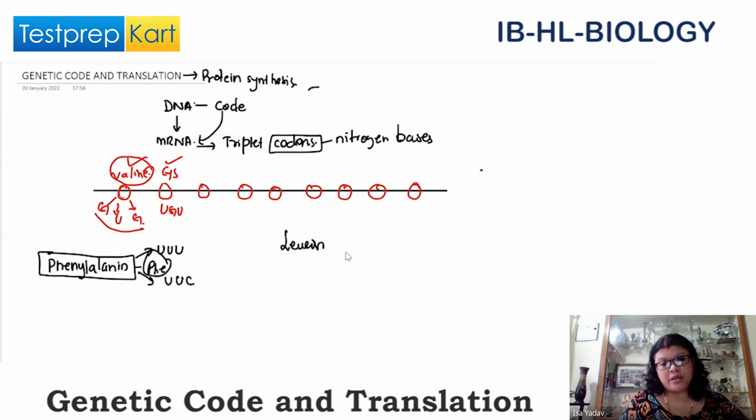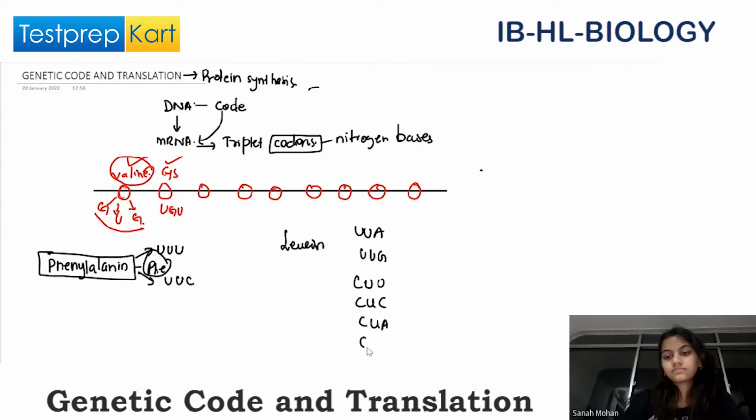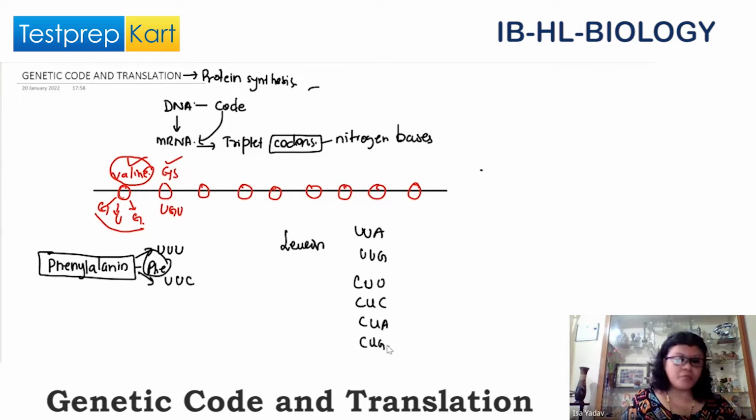Leucine is an amino acid. It will be coded by UUA, UUG, CUU, CUC, CUA, CUG. How many triplet codons will code for leucine?